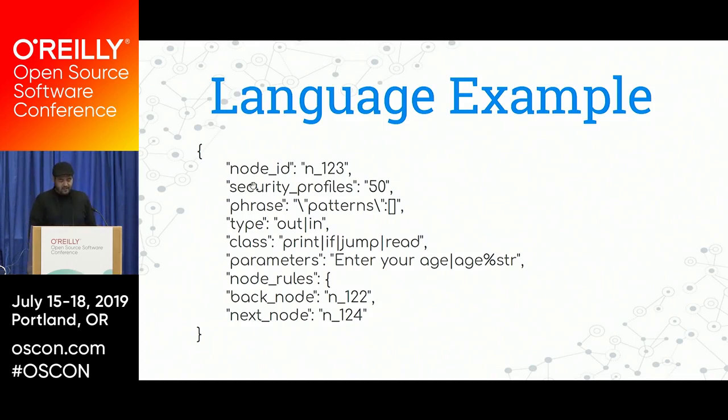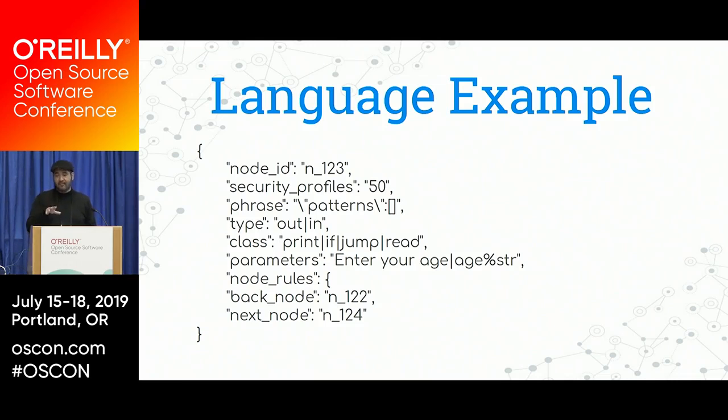In this diagram, you can structure that information with JSON. So the first part has a node, the node number, a security profile, and a phrase that you can use to compile a model to detect what you are writing about, and you can jump to that sequence.